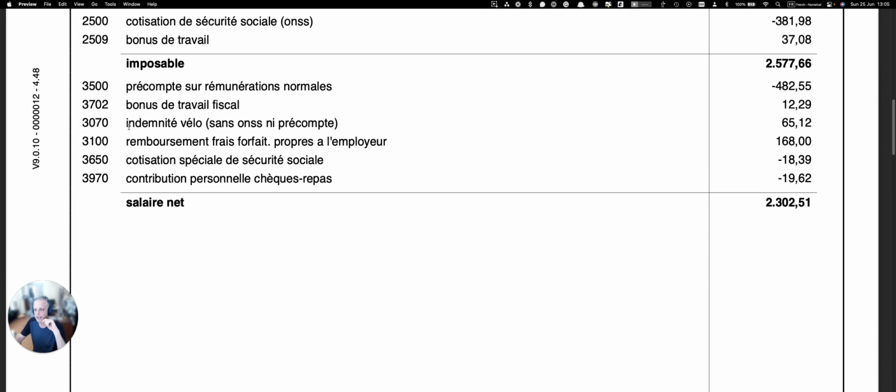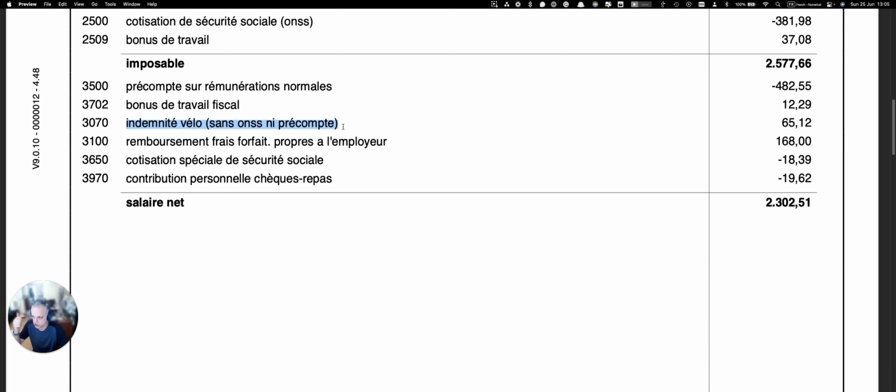Next line is the bike benefit. So if you are going to the office, you can go to the office by several means. In this case, this person is using a bike, so she's getting per kilometer.